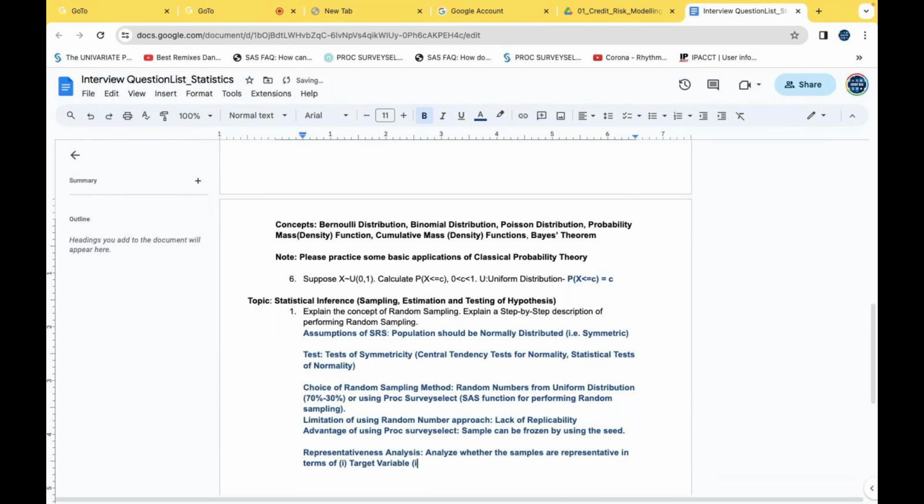That is, whether the bad rates are representative across the development and the holdout sample or not. Because if it is not, then you may develop a model, let's say, with a 10% bad rate, and then you validate the model on a holdout sample where the bad rate is 7%. So the model performance will dwindle, right?